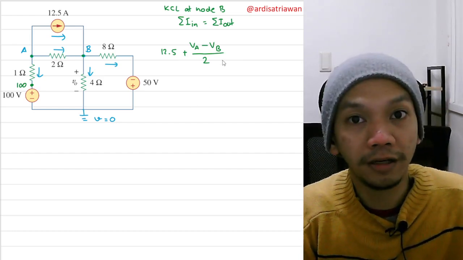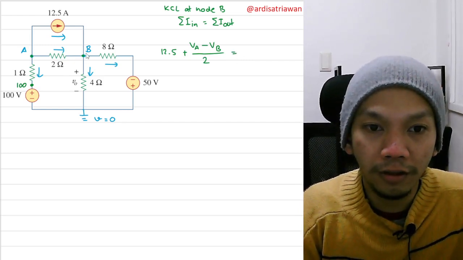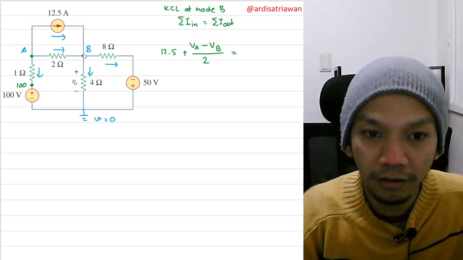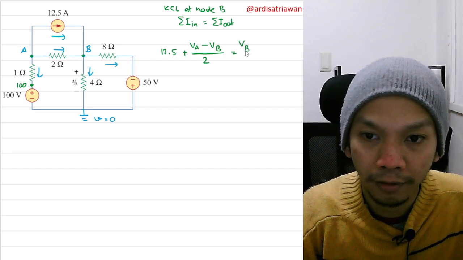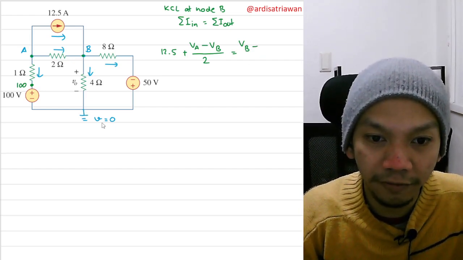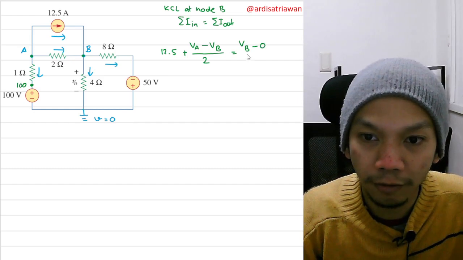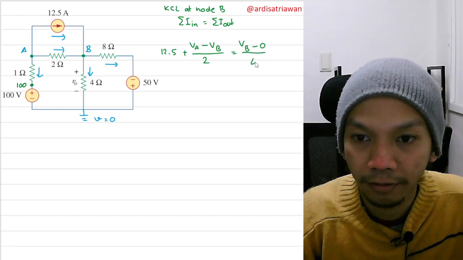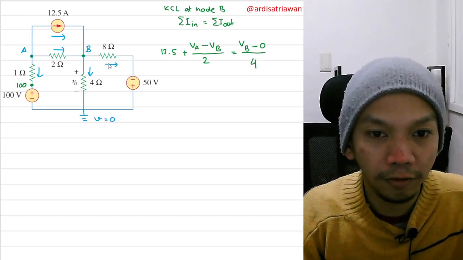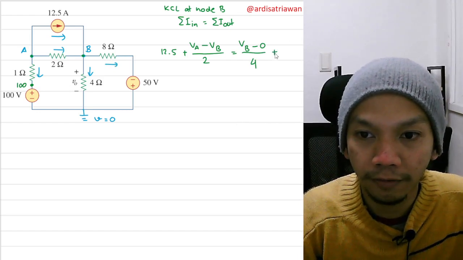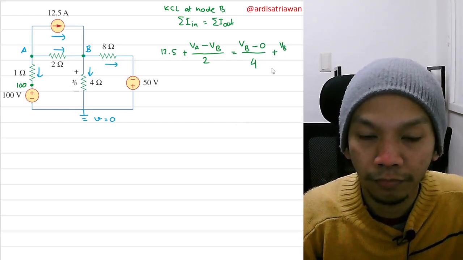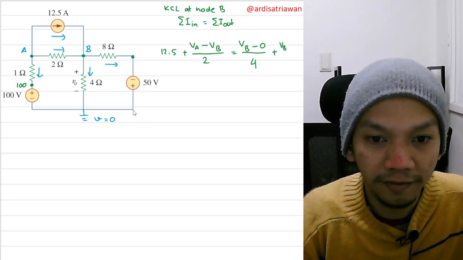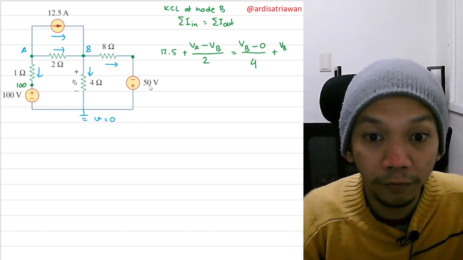Now let's move on to the currents that go out. So I will have this current going out, and this current will be VB, this node here, minus the voltage here, but this voltage here is 0, so I'll have VB minus 0 divided by the resistance between them, which is 4. And then the last current that goes out will be this one, so I'll have VB, and then I need a voltage here, but the difference between this and this will be 50.